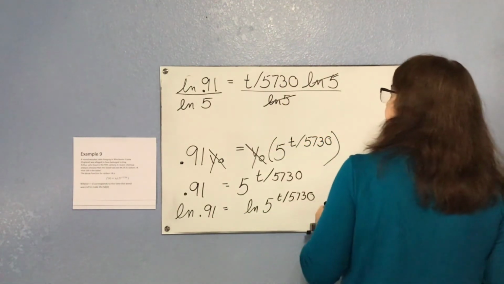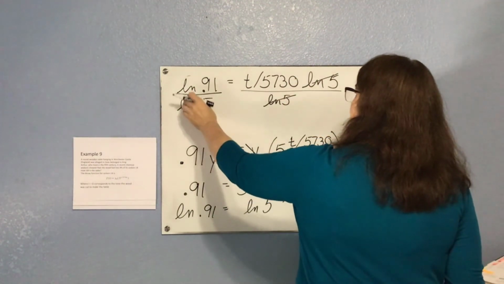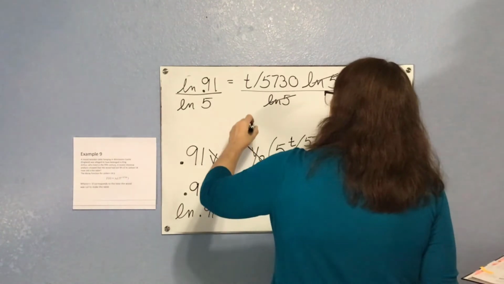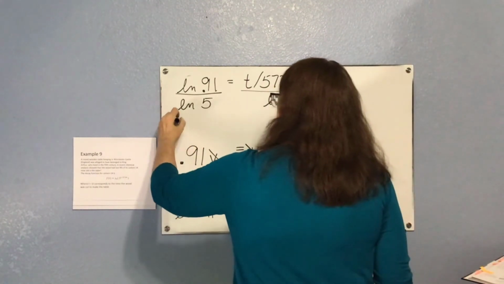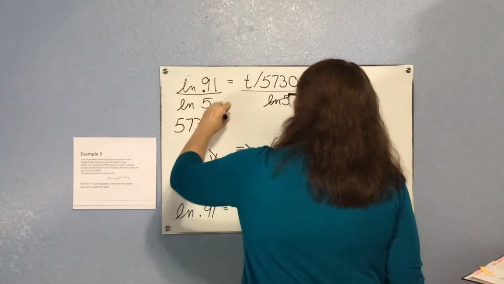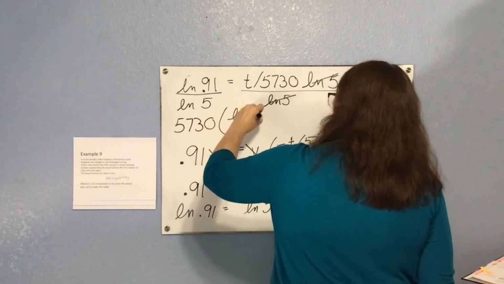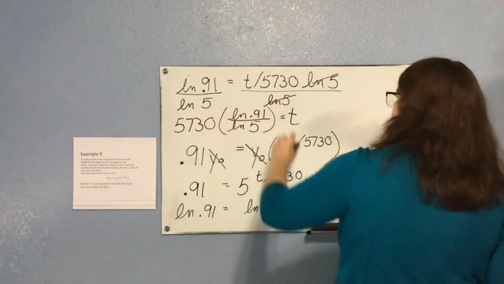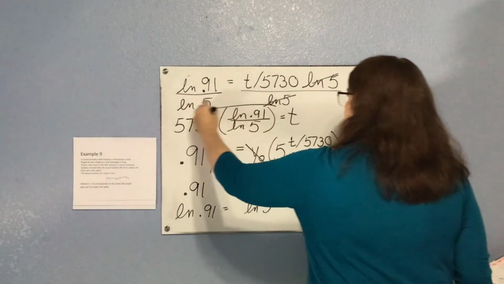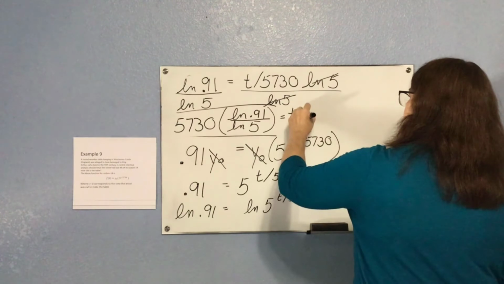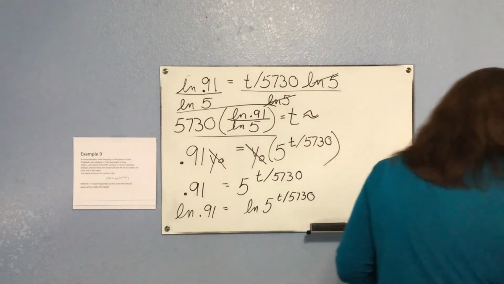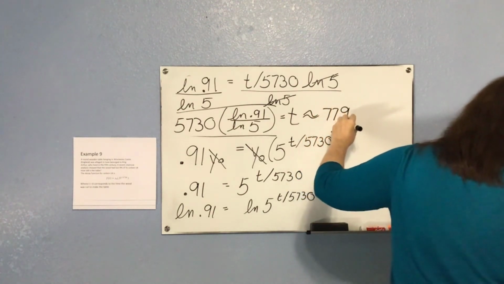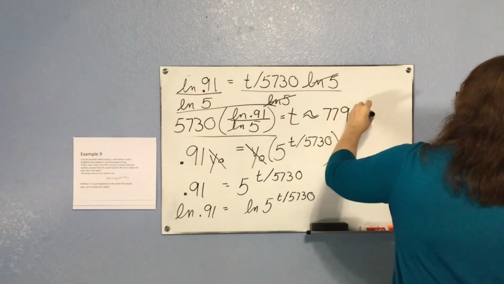So these are going now. And I got this amount, natural log of 0.91 divided by natural log of 5 equals t over 5730. So now I'm going to multiply by the 5730. So this all can go in my calculator, and it gives me a result of approximately 779.63.